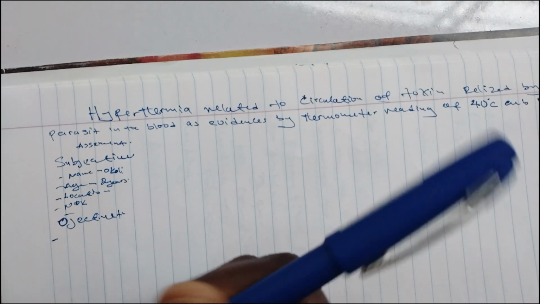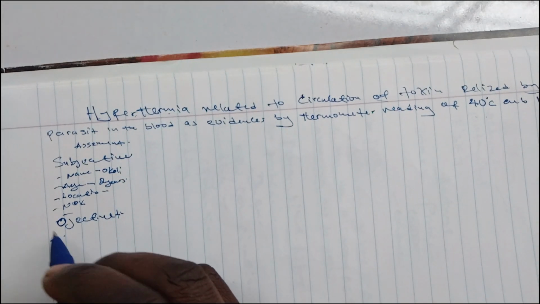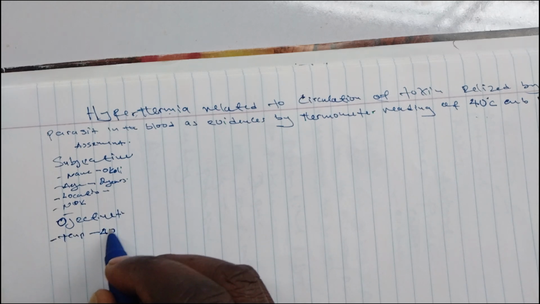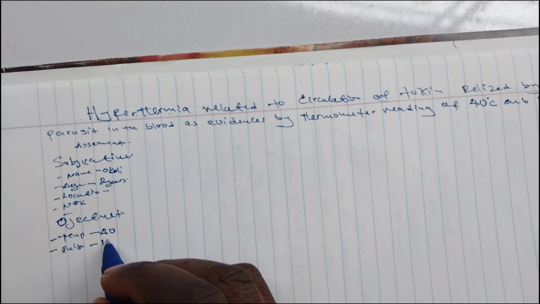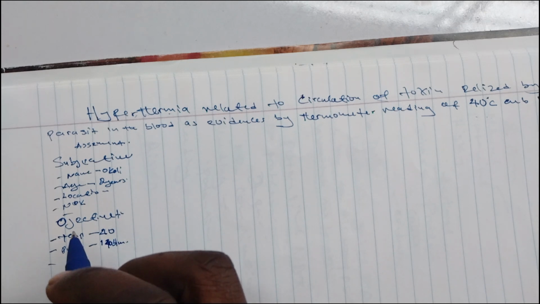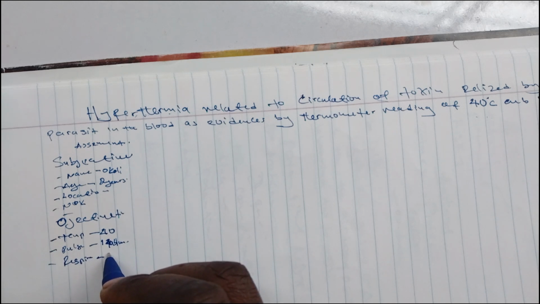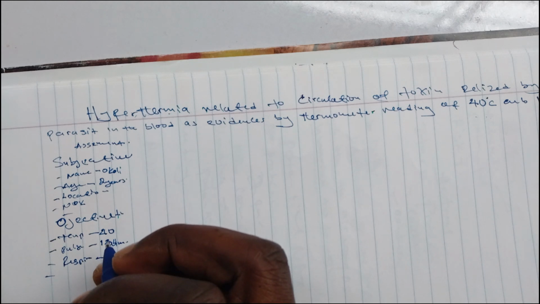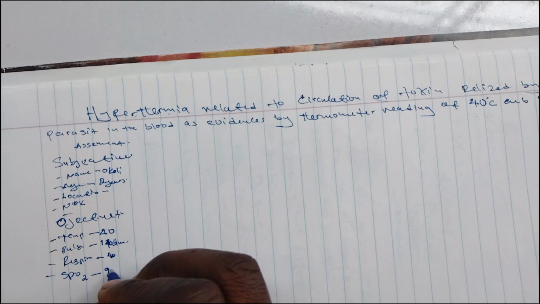So first, for hyperthermia, we will write observations like temperature 40, pulse maybe 140 beats per minute, respiratory rate it can be like 40 or 50, SpO2 like 90.